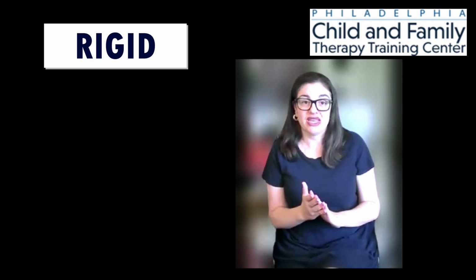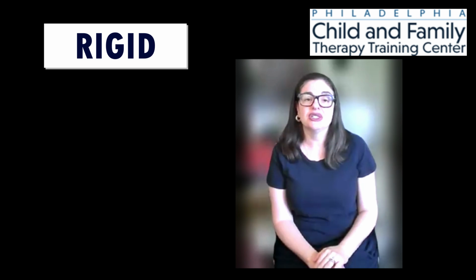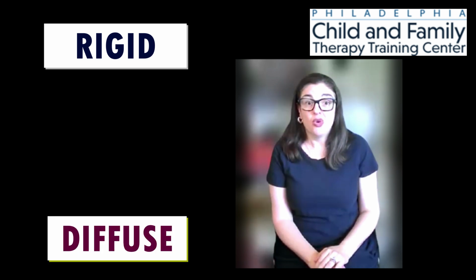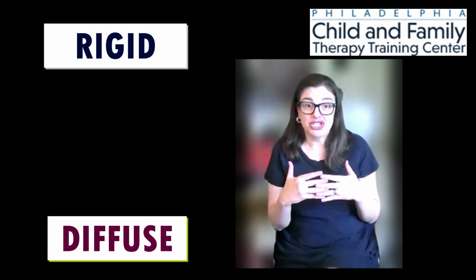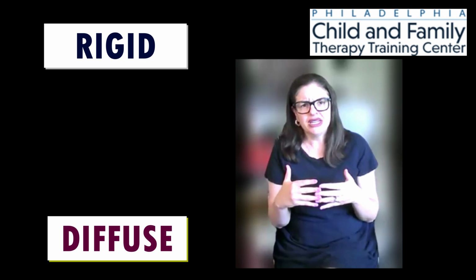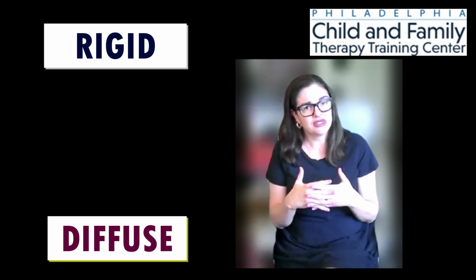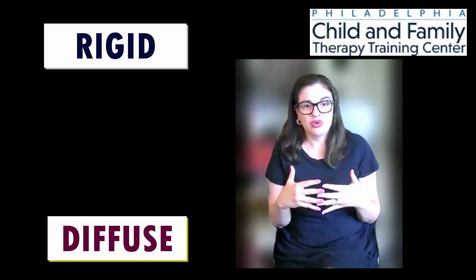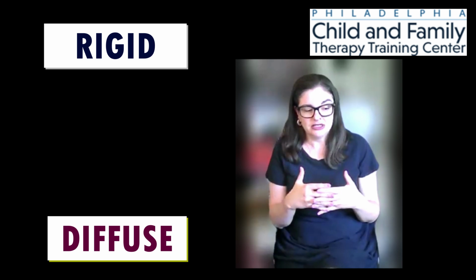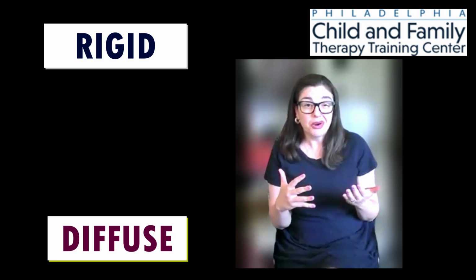And it feels like there's distance between the caregiver and child with that boundary. Or is the boundary really diffuse, meaning that you don't really know where the caregiver starts and stops and the child starts and stops? And so when this happens, it impacts the way that people differentiate from each other, which is an important part of development.